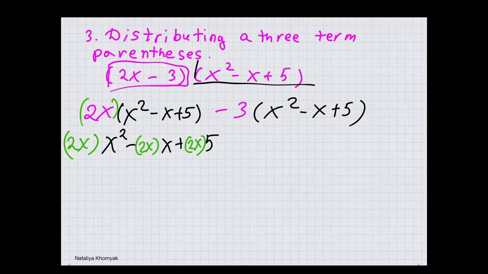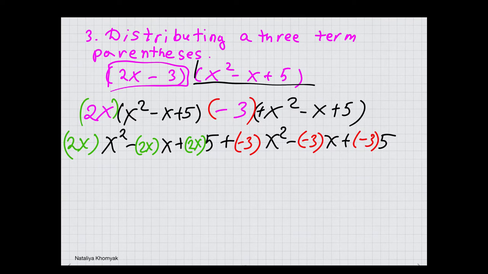Same goes for this parenthesis. I need a placeholder sign, so we have plus x^2 minus x plus 5, and we're going to distribute this -3. Now we can just simplify.